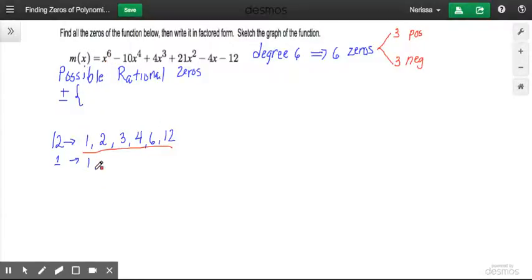After finding their factors, we now divide. We get the ratio. Okay, that's why we call it rational, because we're getting the ratio. So 1 over 1 is 1, 2 over 1 is 2, 3 over 1 is 3, 4 over 1 is 4, and 6 over 1 is 6, 12 over 1 is 12.